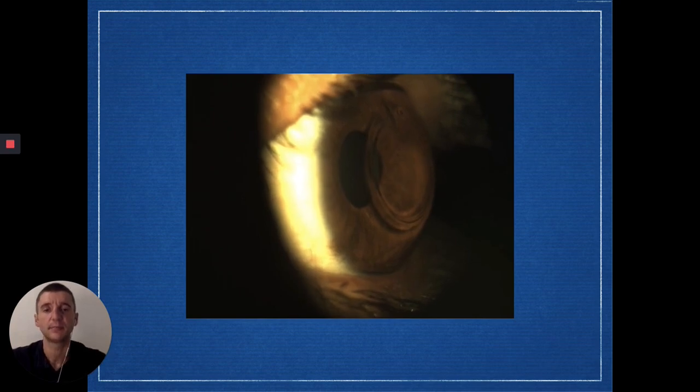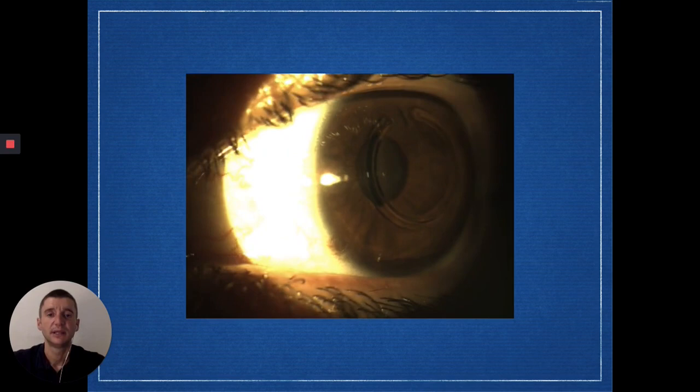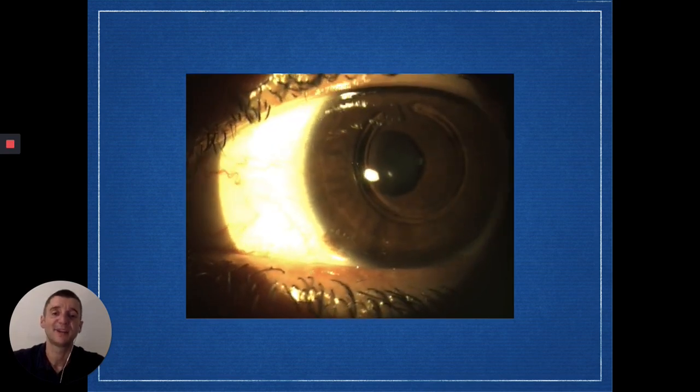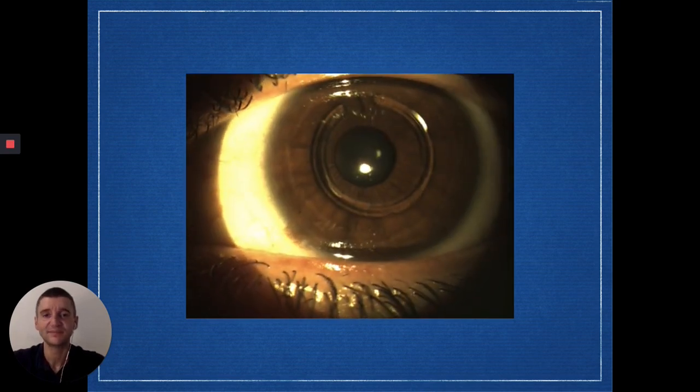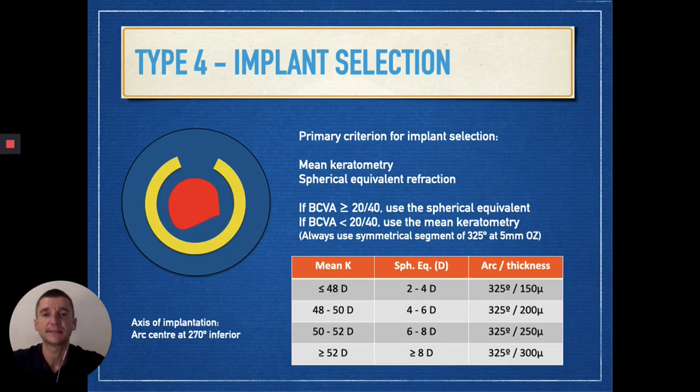Here's the slit lamp video recording of this patient, and it's a very beautiful segment as well. It does have a difference when we compare it to the regular thickness. The long arc segment has this trench right here to make a difference, so we can notice that it's an asymmetrical segment.